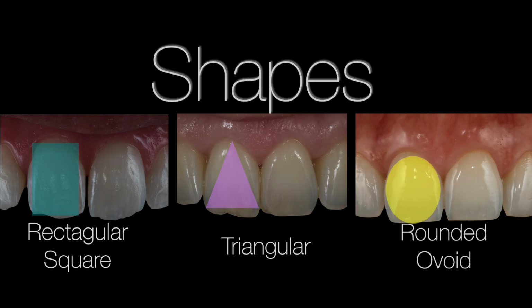And then we have the rounder or ovoid surface, where the transitional lines are nearer on the gingival third, they get more apart in the middle, and then they get narrower again on the incisal third. So the appearance of that surface is a little bit more round.